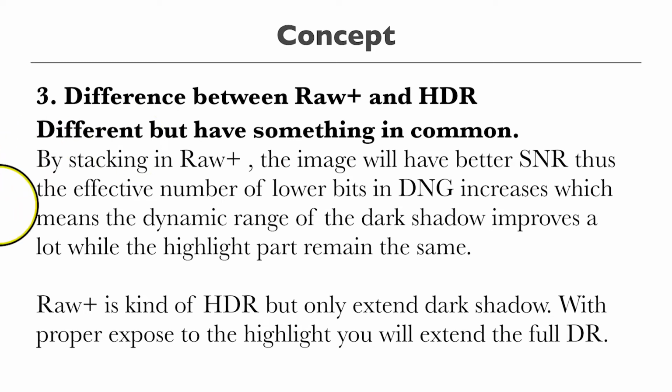With the proper exposure for the highlight, you will extend to the full HDR. Exposing for the highlight and image stacking in RAW Plus, you will get the best dynamic range in your shots. That's different from the traditional HDR auto exposure bracket shooting, right?